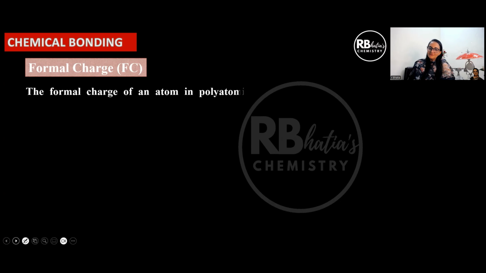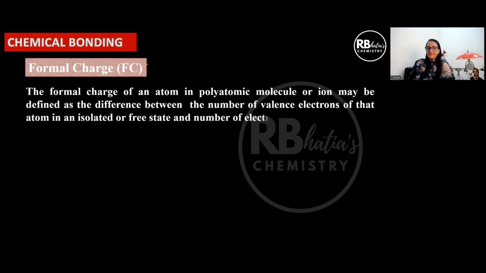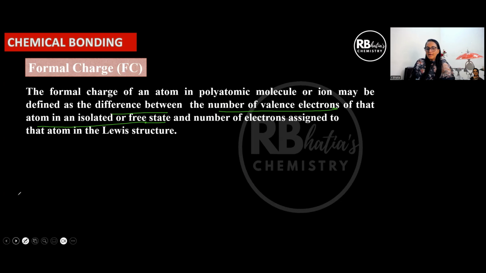The formal charge of an atom in any polyatomic molecule or ion is the difference between the number of valence electrons of that atom in the isolated or free state and the number of electrons assigned to the atom in the Lewis structure. It's basically the net outcome after give and take.